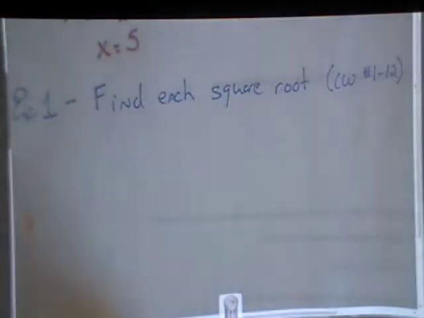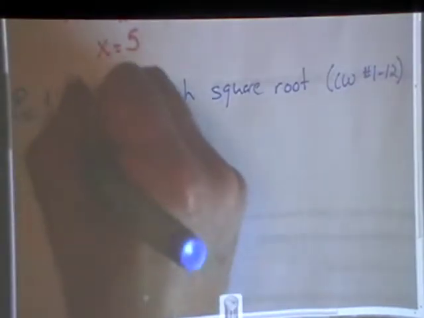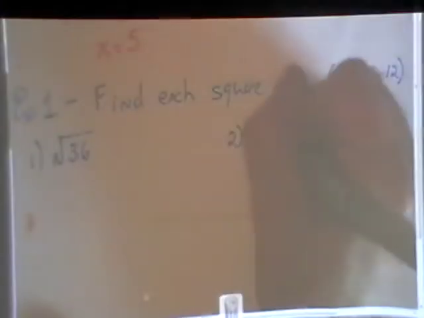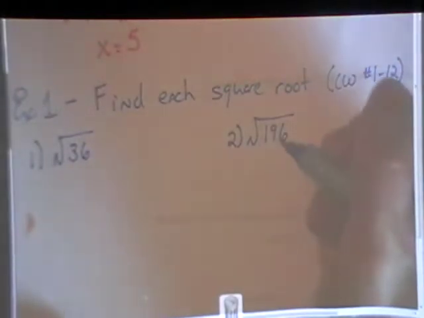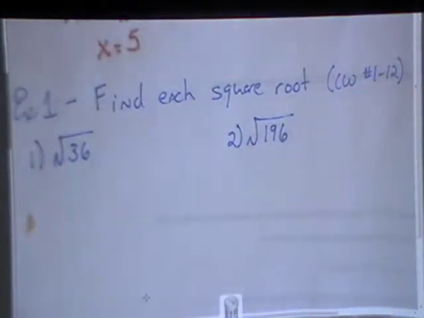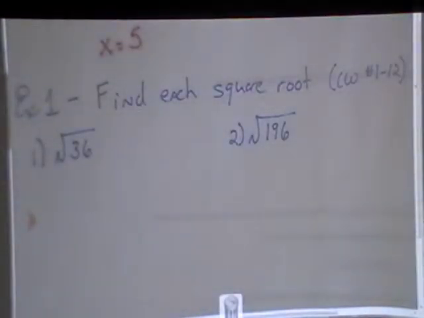So find each square root. Number 1, square root of 36. And number 2, we're going to take the square root of 196. So if you remember your perfect squares, this is very easy. If you get stuck, use your calculator.